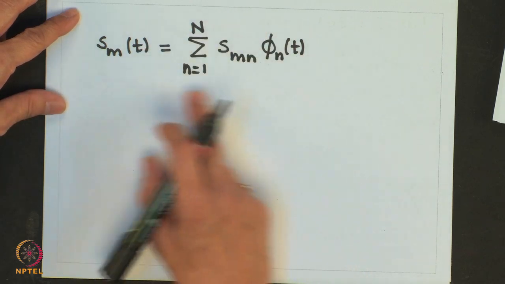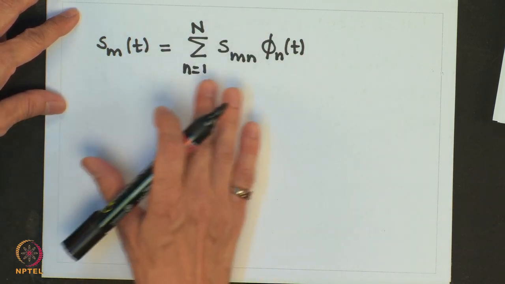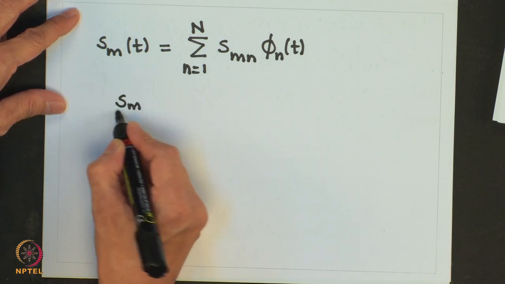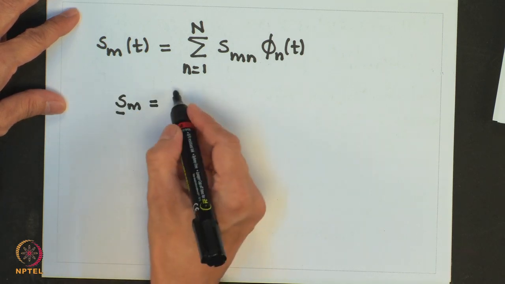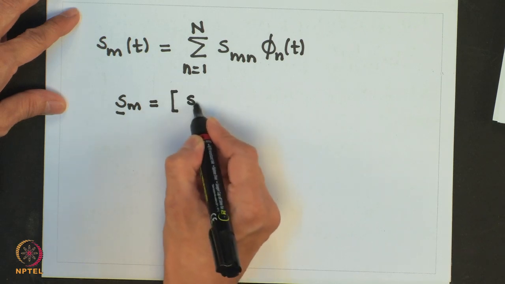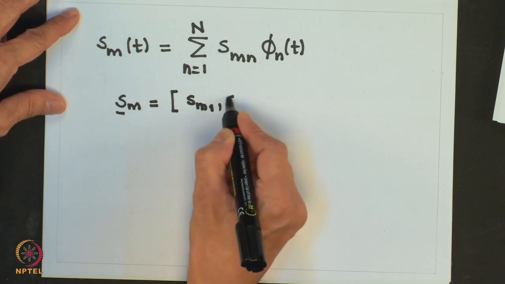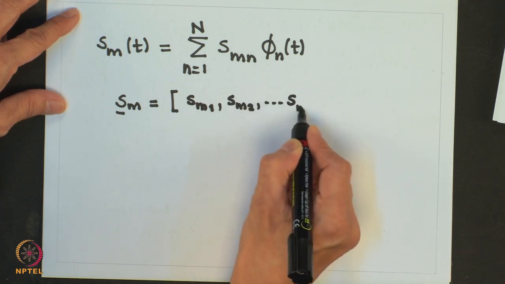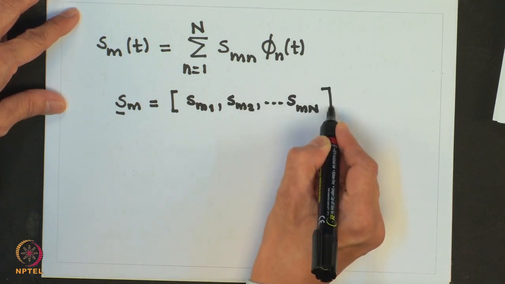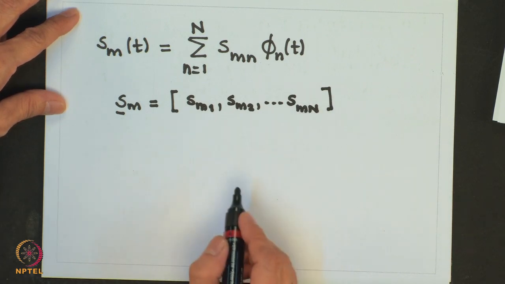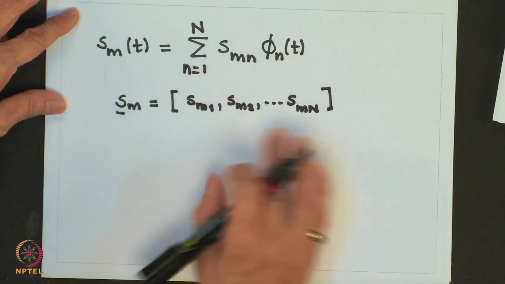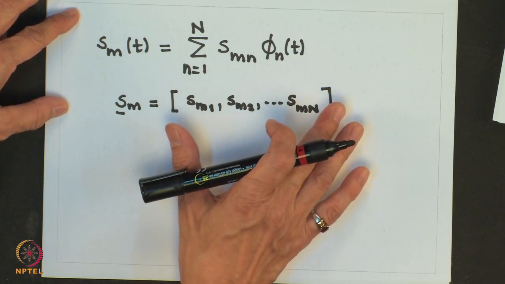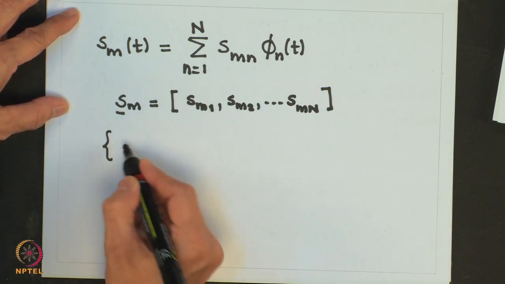So, based on the above expression, each signal may be represented by a vector. So, I can represent it as a vector like this. In general, this will be n, or equivalently as a point in the n dimensional signal space, correct, with coordinates.